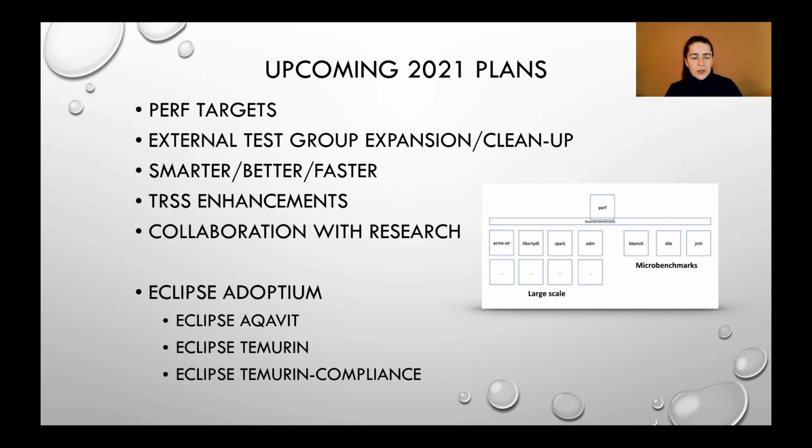And then Tamarin Compliance would be the project where we run the compliance test suite under an OCTLA agreed upon by the Eclipse Foundation and Oracle. So kind of 3 distinct activities that we are going to be doing under the Eclipse Adoptium working group.